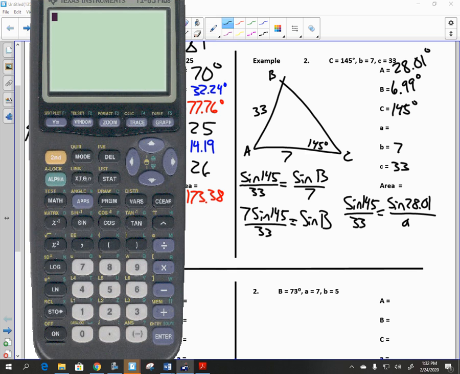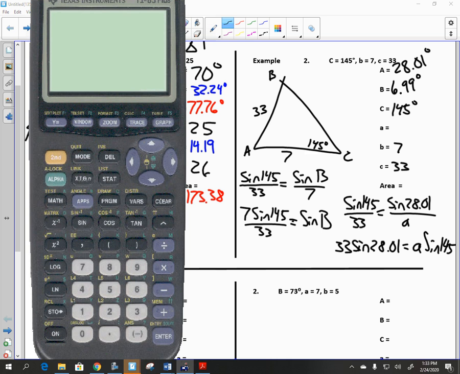It's all right. I'll pause. It's fine. So it looks like I'm going to multiply these two, right? And then I'll divide by that. Well, so I'll write it out. So sine of 28.01 is equal to A sine of 145.